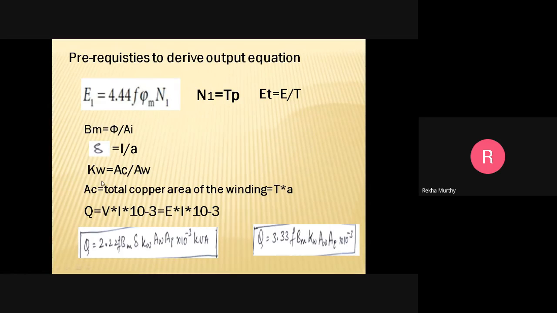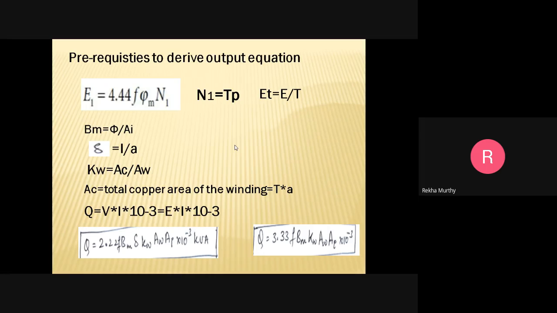The formula related to Ac is what we discussed, the total copper area of the winding. Only these three are special. From today onwards you remember for primary we will have a suffix p, not 1, and for secondary s, not 2.